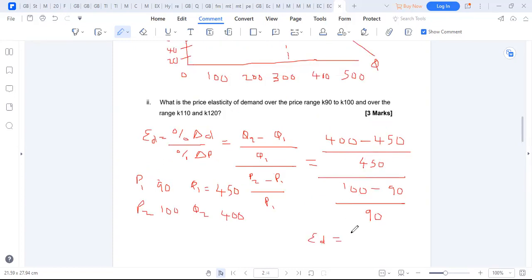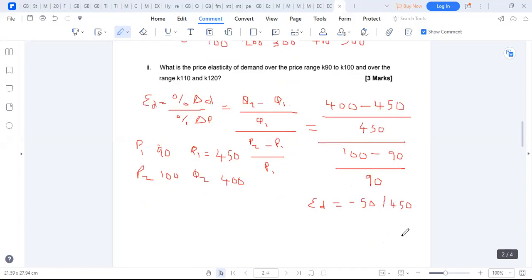The top part is minus 50 over 450. The bottom part is 10 over 90. What are we getting? Quickly calculate.